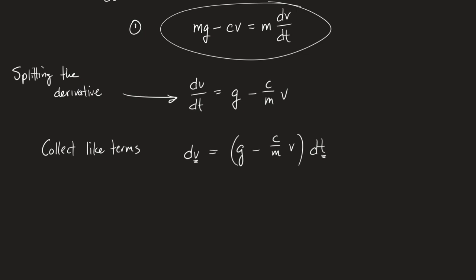And you will only be able to do this by multiplying or dividing. There's no way to add this to both sides. So this entire function will have to be moved to the left side because that's where dv is. And there is no reference to t, so there's nothing to move to the right side.